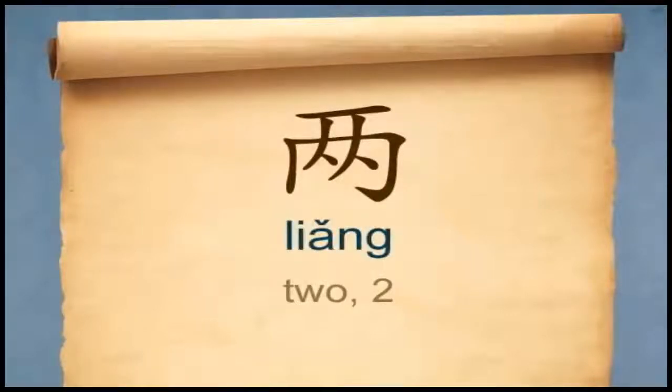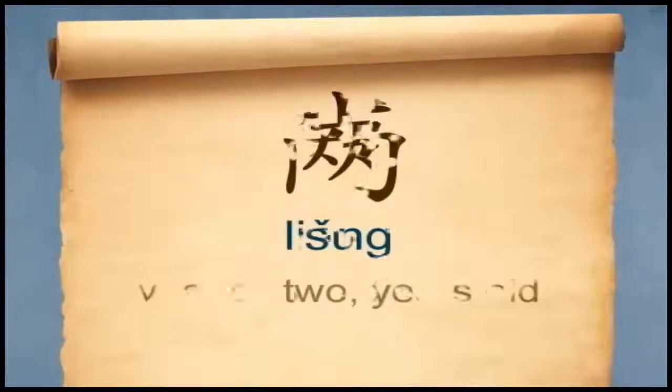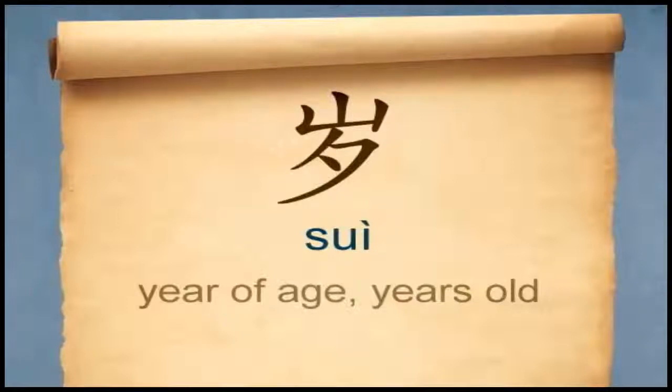Listen. 2, 2, 2. Now, repeat after me. 2, 2, 2. The word 岁 has a fourth tone. Listen. 岁, 岁. Now repeat it after me. 岁, 岁, 岁. 好.